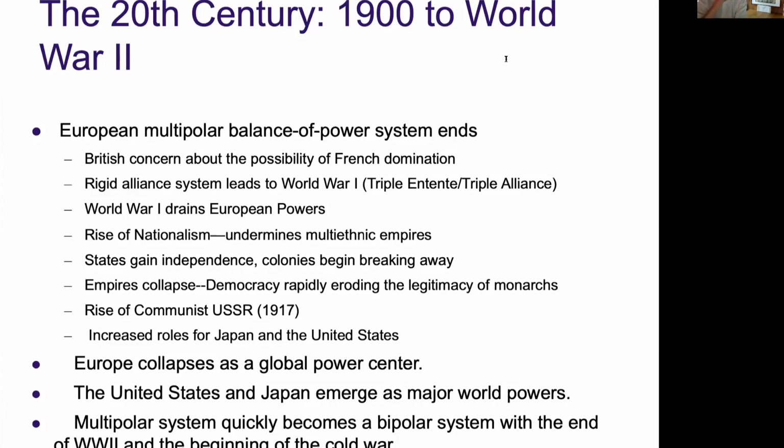But on the other hand, after this multipolar system lost its basis and some of its power structures, some others, namely the United States and especially also the Soviet Union, gained power and led this from a multipolar system towards a bipolar system.